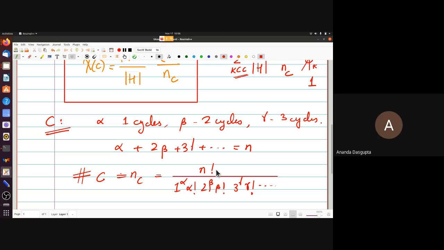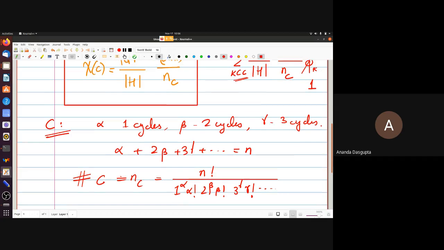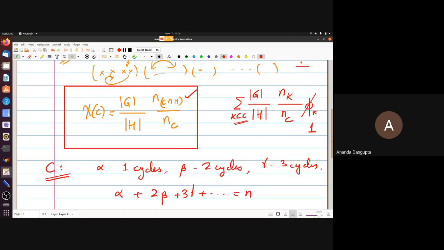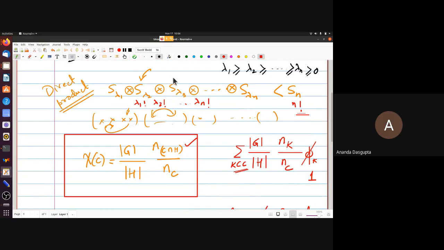Okay, now the important thing is to figure out what the number of elements in C intersection H is going to be. So how do you go about doing that? Let's focus on how an element of this kind would be a member of this.